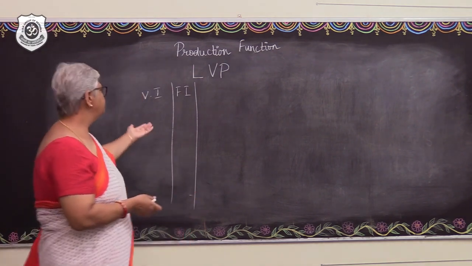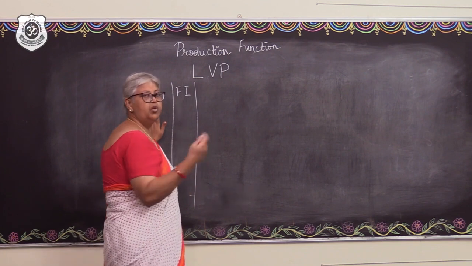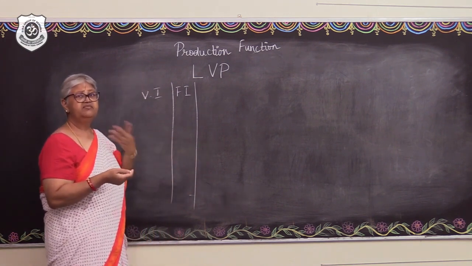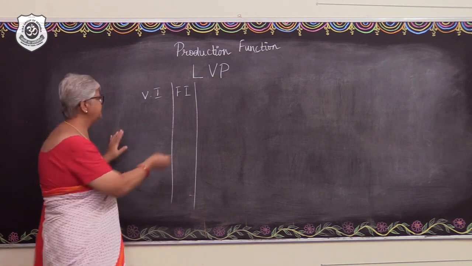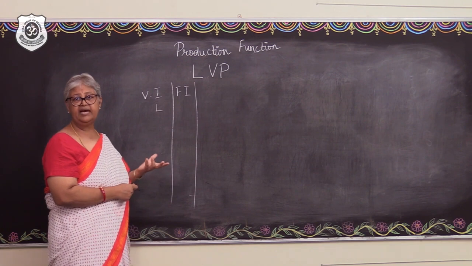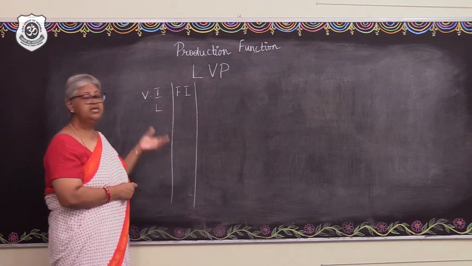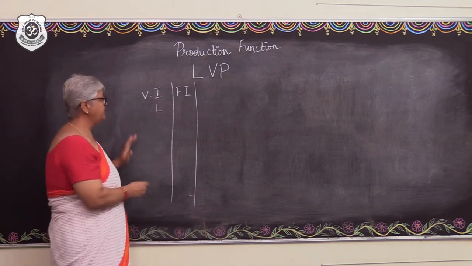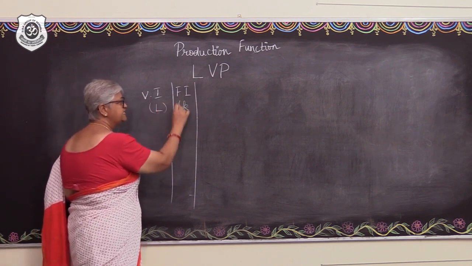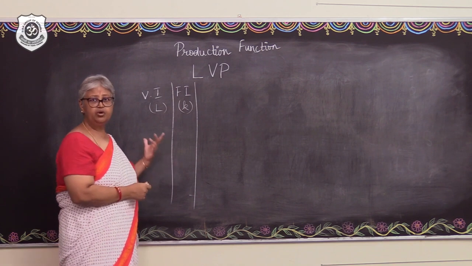The variable input, we have already understood, could be labor. For very simple reasons, we take up labor. Without labor, not much production activity can happen in this world, can it now? So labor is taken as a variable input and capital is taken as a fixed input.